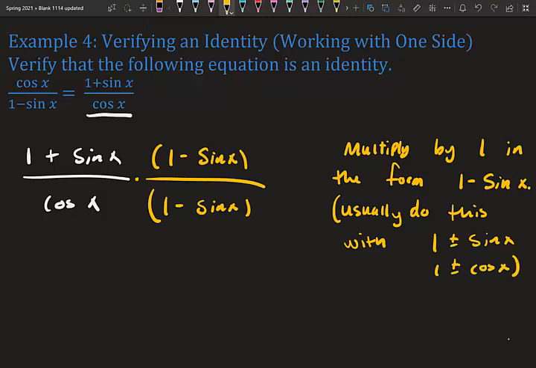So we're going to multiply by 1 in the form of 1 minus sine x. You usually do this when you have 1 plus or minus sine x and 1 plus or minus cosine x. So you always multiply by the conjugate of what you're given.